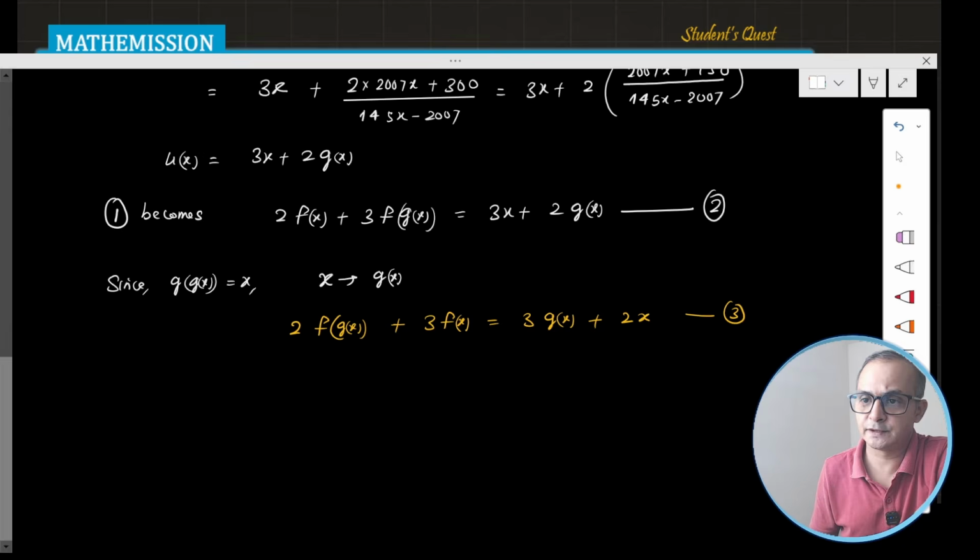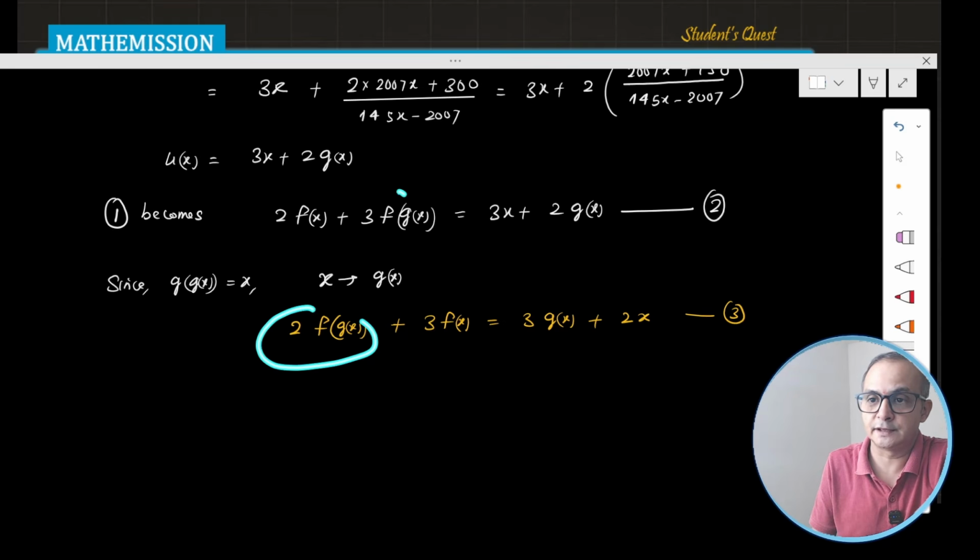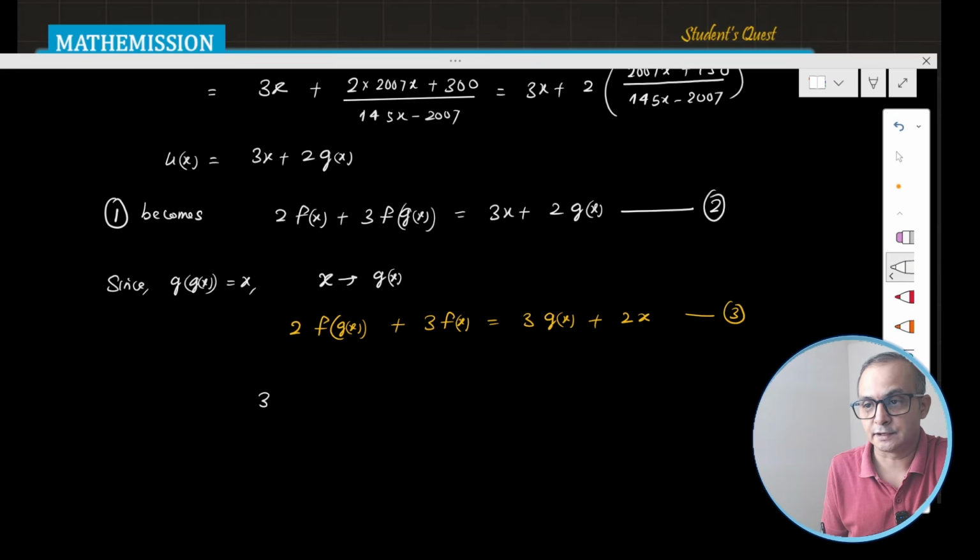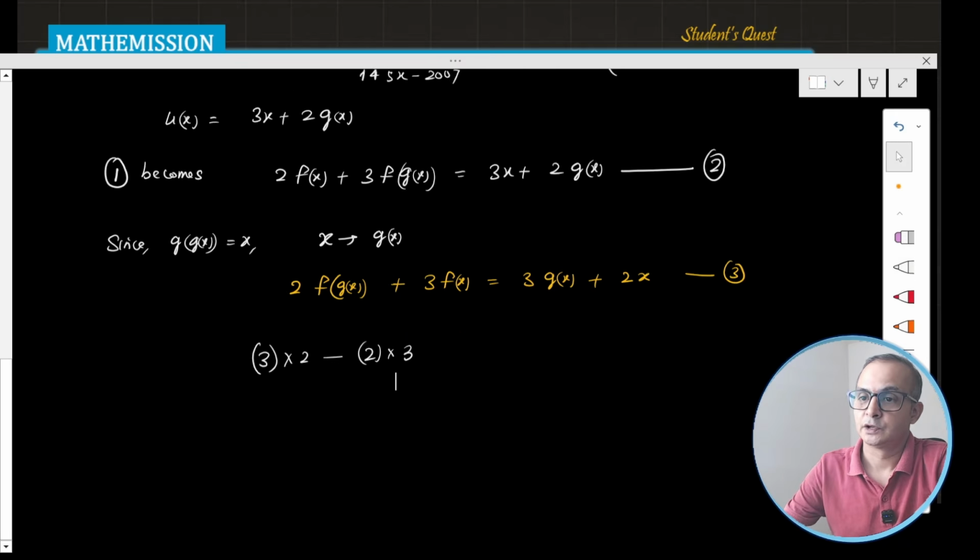So solve it. I can cancel the f of g(x) terms, so I multiply the third equation by 2 and the second equation by 3 and then subtract.